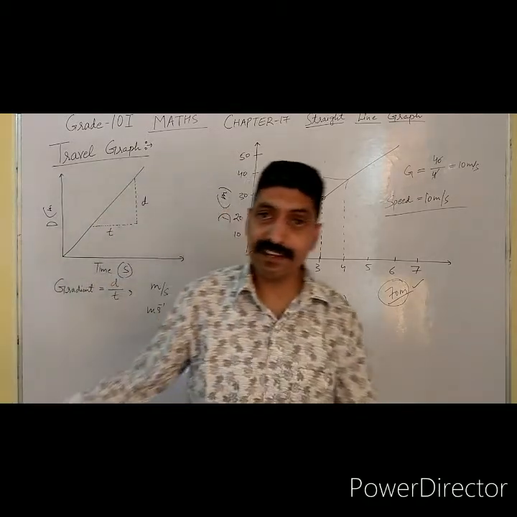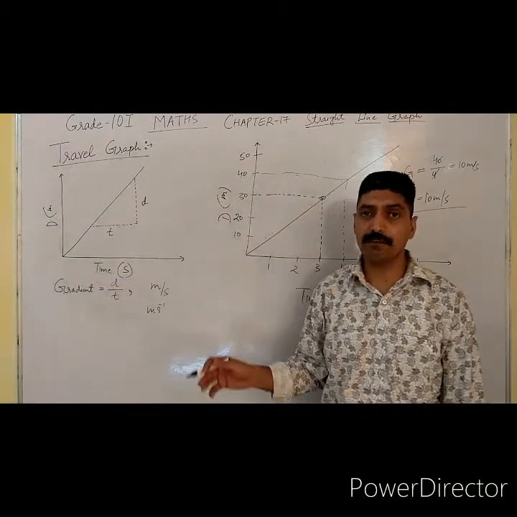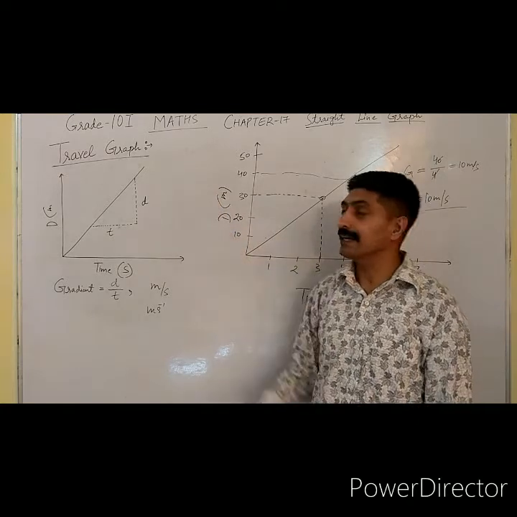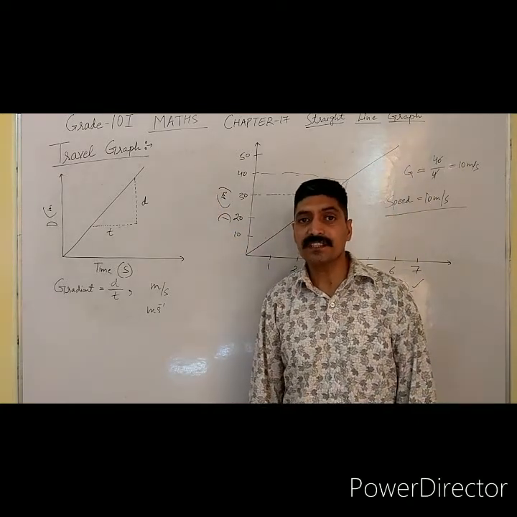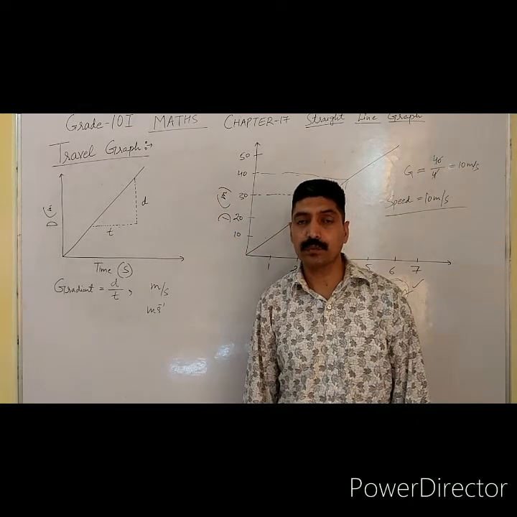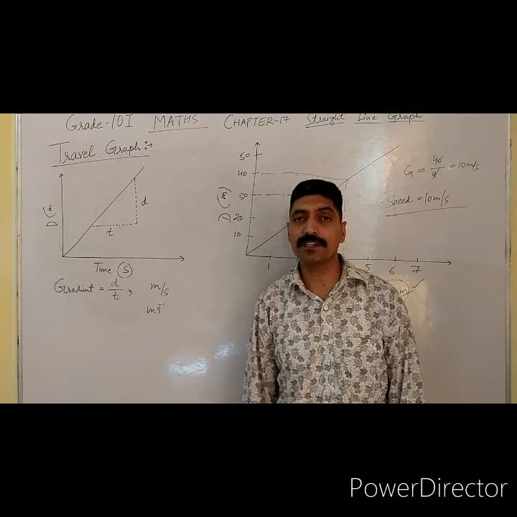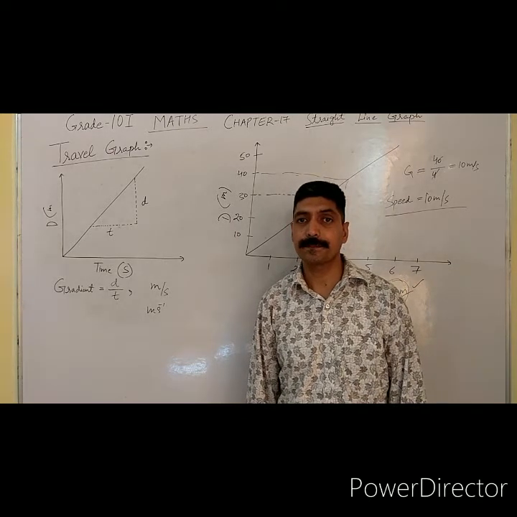So in a travel graph, the gradient or slope of the line represents the speed of the object with which it is traveling.